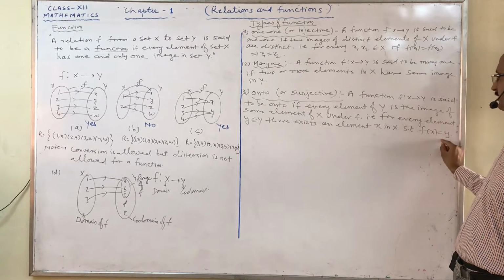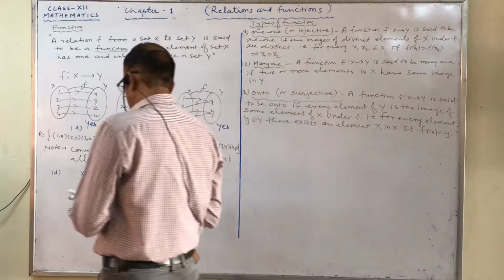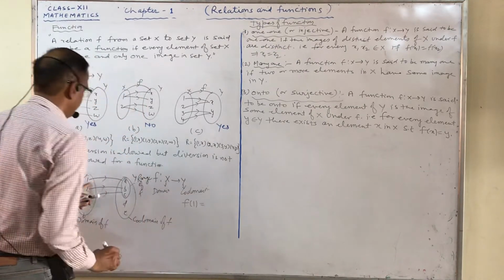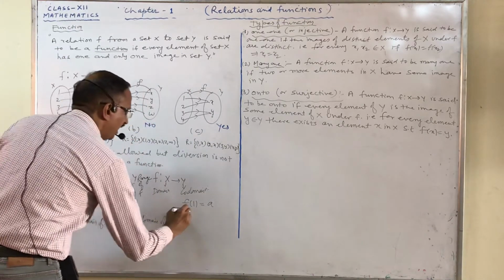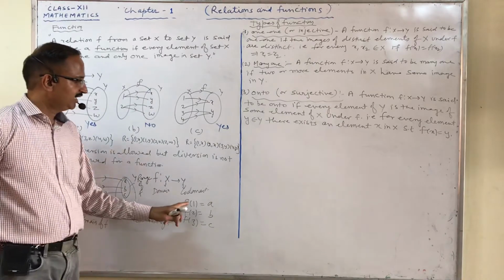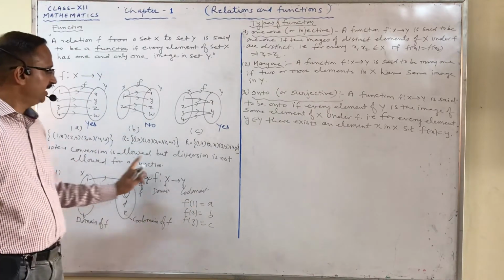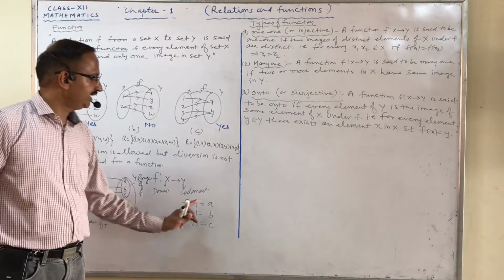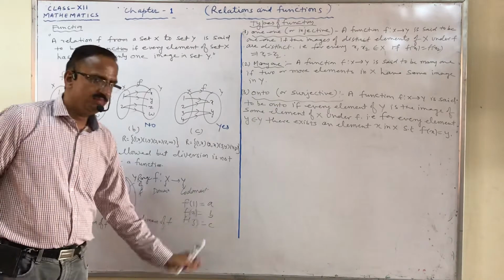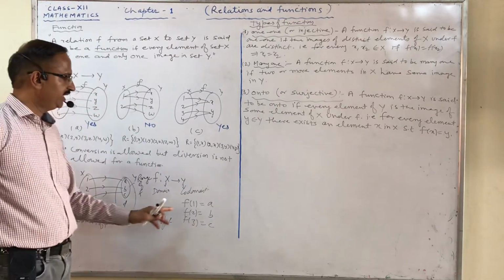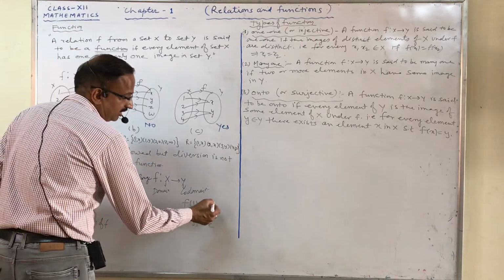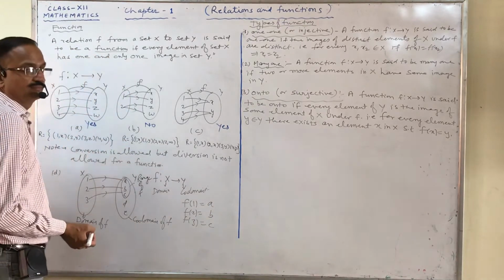Suppose in this I am writing f1 is equal to A, f2 equals B, f3 equals C. It means the image of 1 is A, the image of 2 is B, the image of 3 is C. So 1, 2, 3 are the elements of X and A, B, C are the elements of Y. These three elements are associated with A, B, C, but these two elements are free.